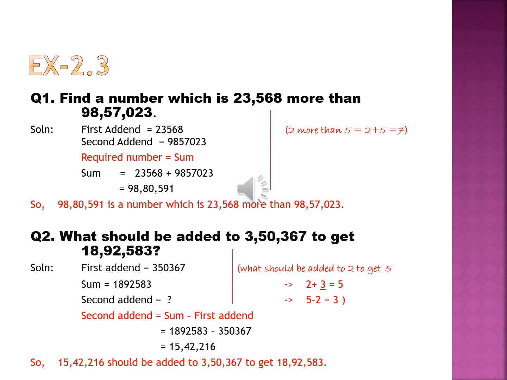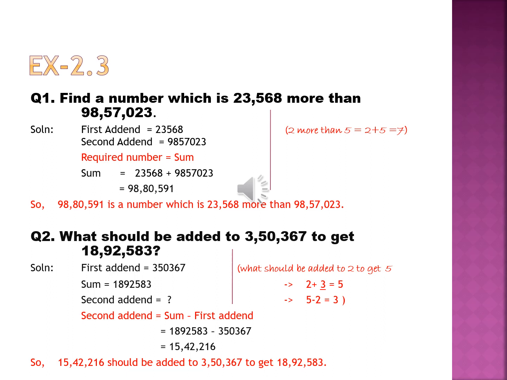Now how you can get 3 is, you can subtract 2 from 5, right? 5 minus 2, means sum minus addend will give you the missing addend. So we can apply this trick in this question to get the answer very easily. So we have one addend, we have the sum, and we have to find out the missing addend. So second addend is equal to sum minus first addend.